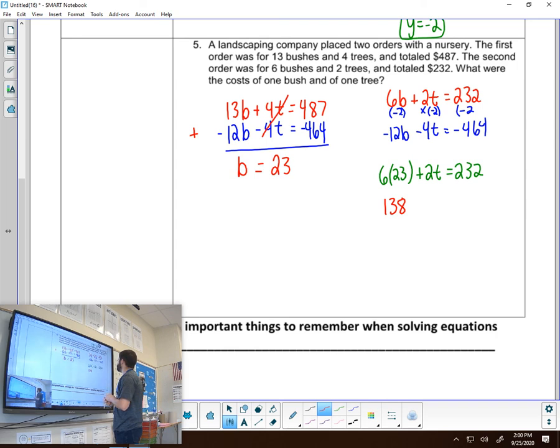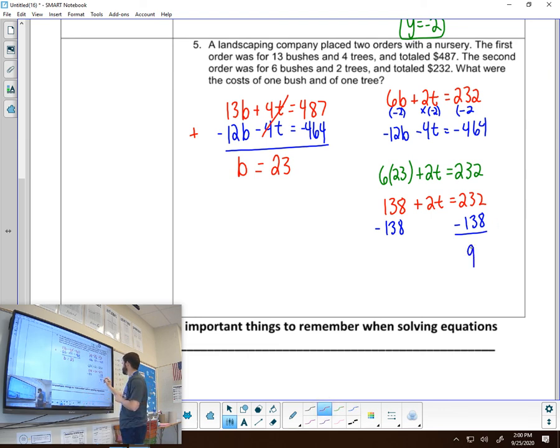Okay, and then we have 138 plus 2t equals 232. I'm going to subtract both sides by 138. Bring that over here, okay? And so that's going to leave me with, what is that, 94?